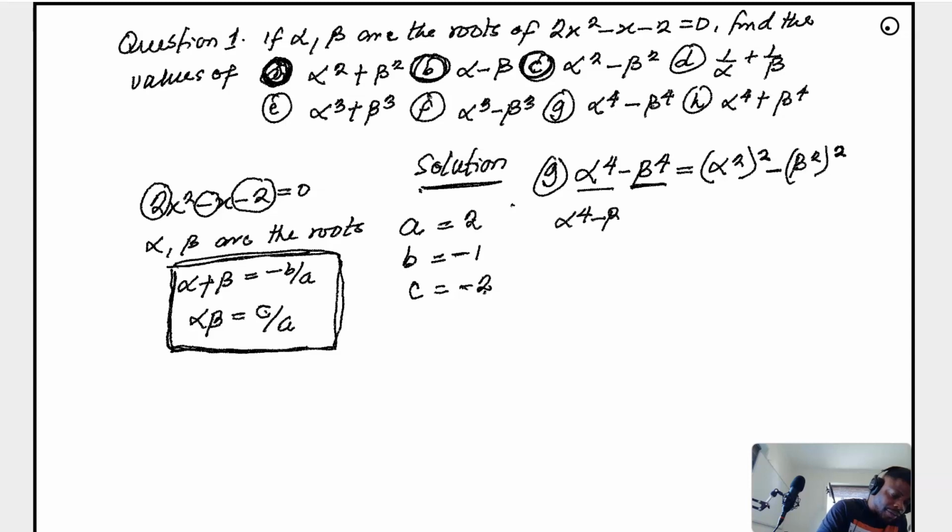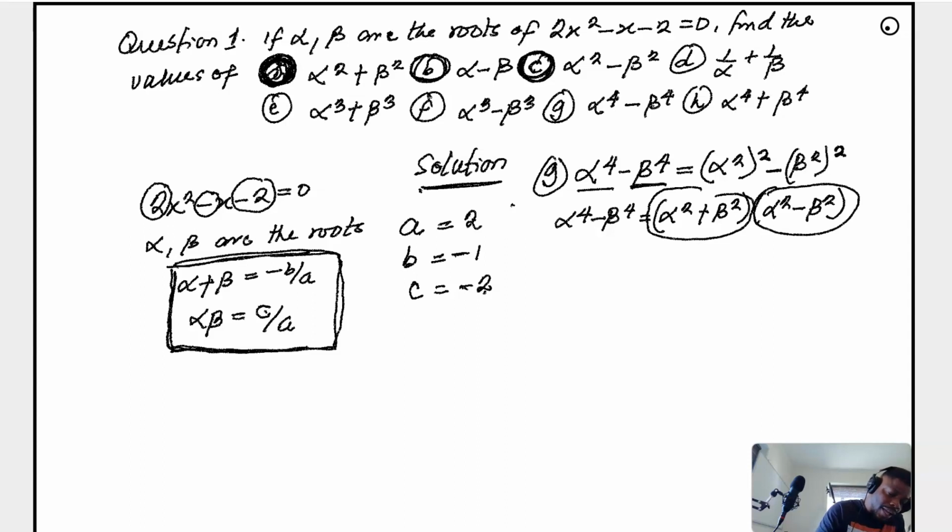So, I can rewrite these as alpha squared plus beta squared and alpha squared minus beta squared based on difference of two squares. This one here is question A, we have done that. And this one here is question C, we have done that.